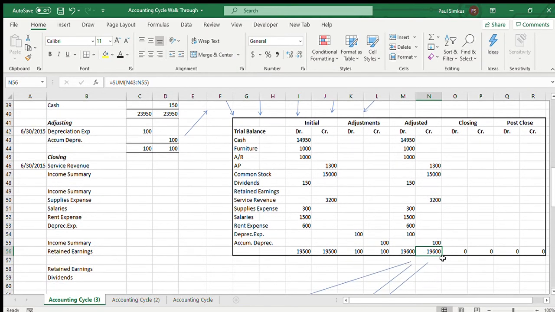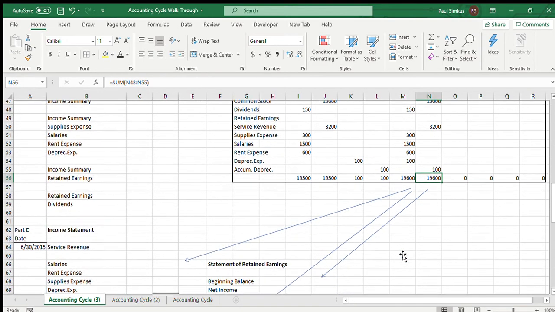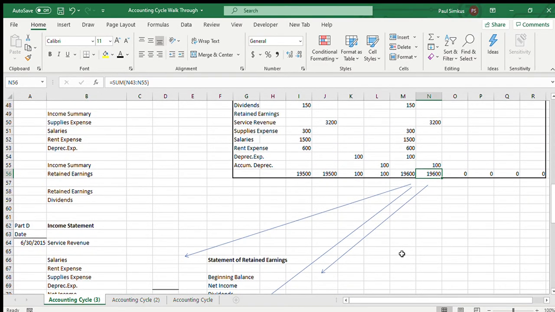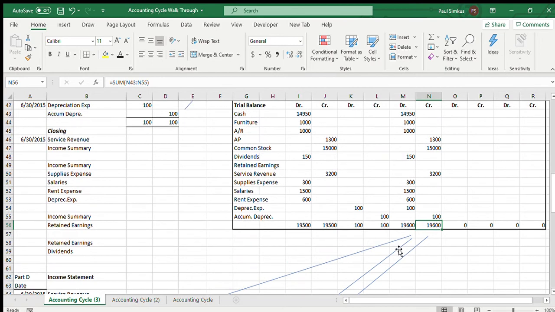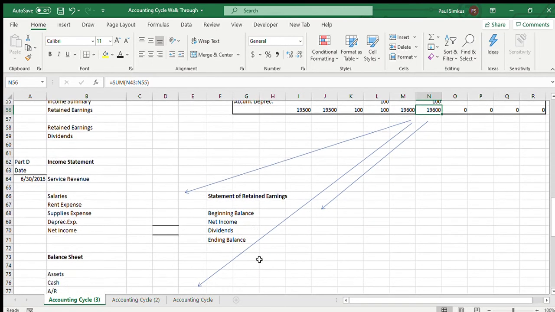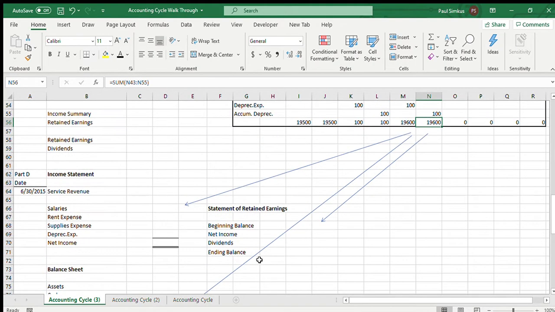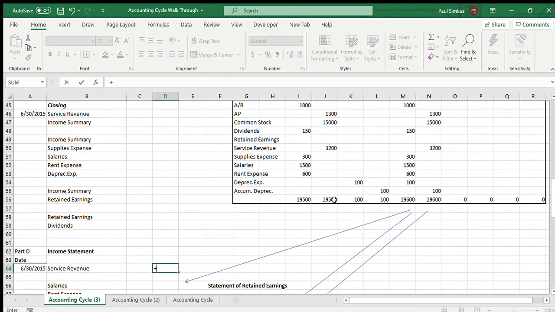My adjusted trial balance balances, and this is the trial balance where we will go make up the statements. And it's simply a matter of pulling these numbers off and putting them into the proper place on the statements. It's that simple. Revenue is $3,200 off the adjusted trial balance.